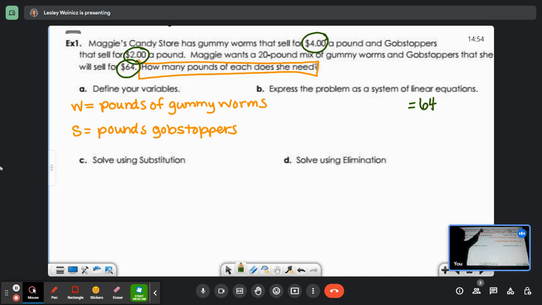And then it's $4 for every pound of gummy worms. So that 4 is the coefficient for W. Do you see this? This is an ax plus by equals c type of equation. And then it's going to be $2 for every pound of gobstoppers. All right, what's my other total?